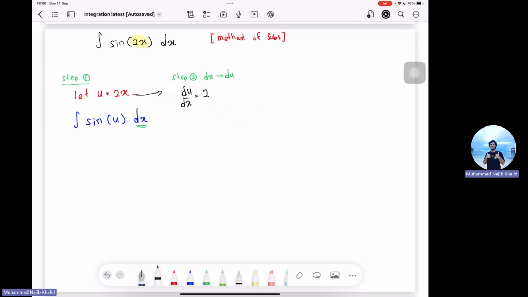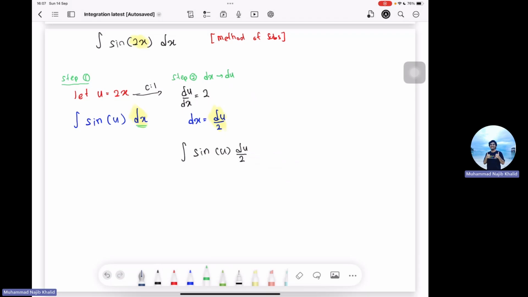Recall your notes. From the algebra, we get dx is equal to du over 2. Rewriting the integral by replacing dx with du over 2, we get the integral of sine u du over 2.